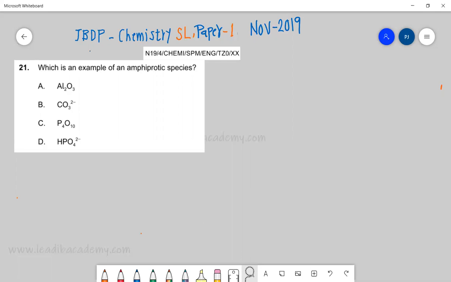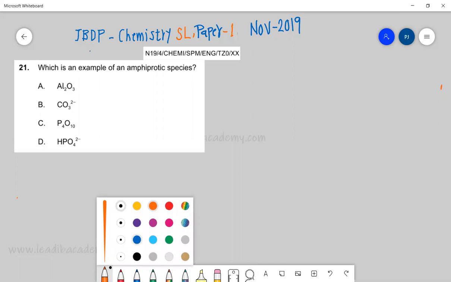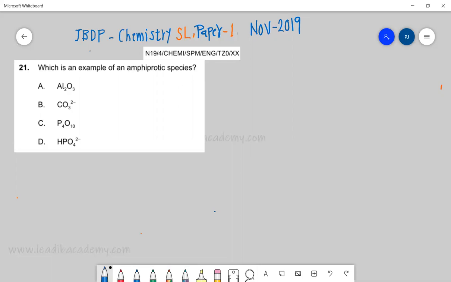Look into question number 21, which is an example of an amphiprotic species. First, let's get our concepts revised. What is meant by amphiprotic?